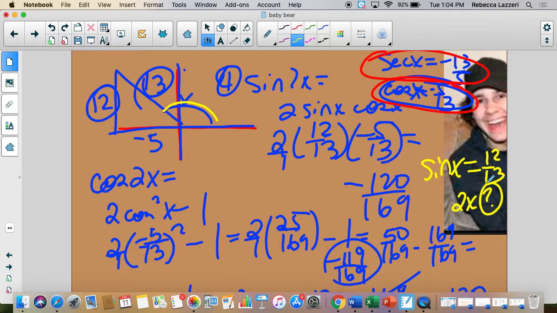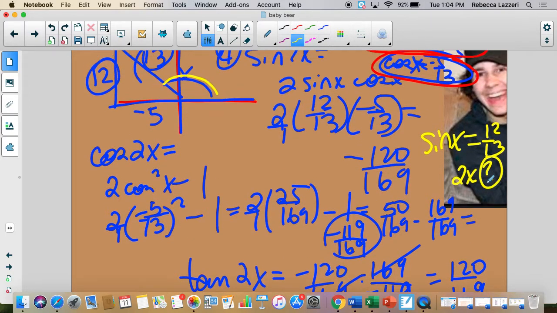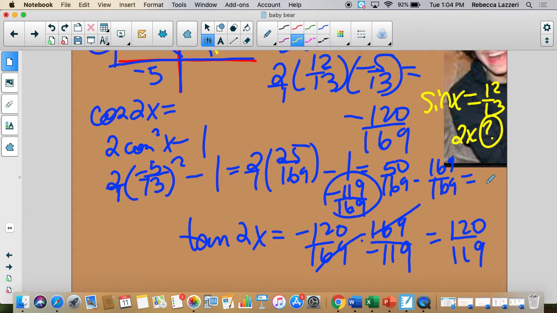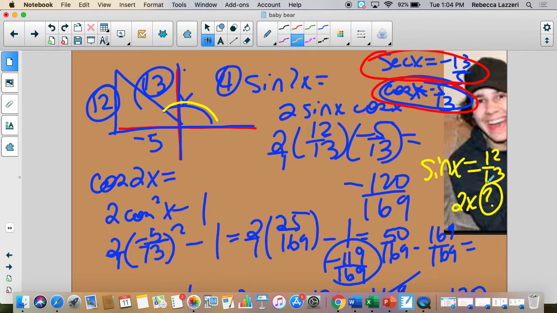Okay, our first guess is 134.76. I know that it can't be, I want 2x, not x. 132, it can't be. I know what quadrant it's in.